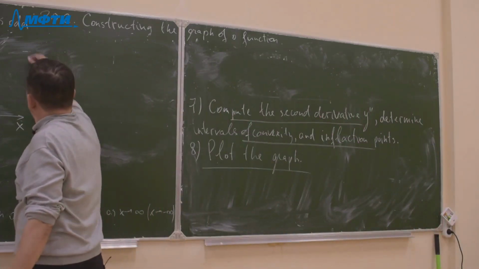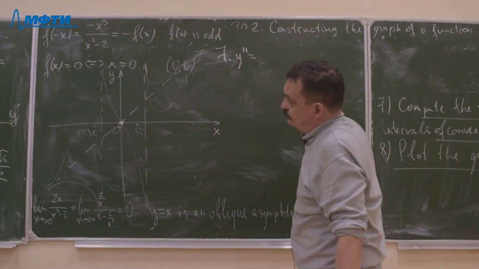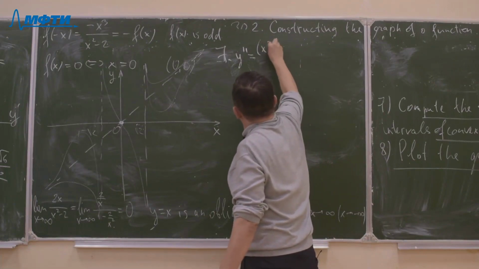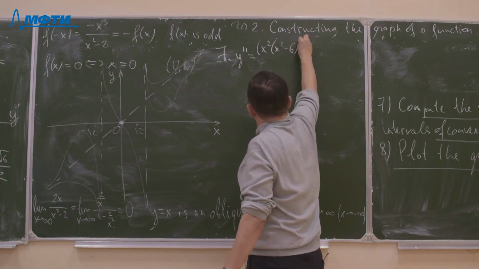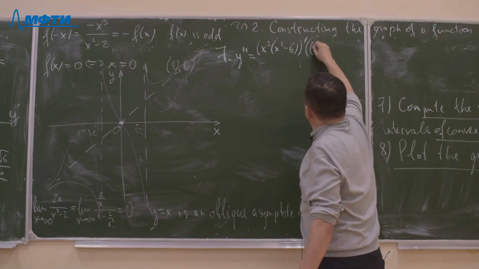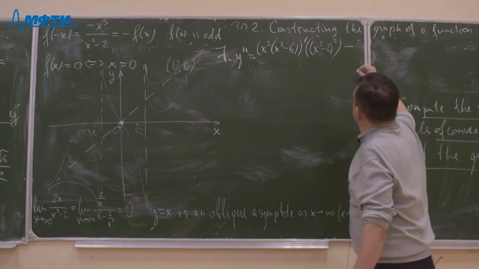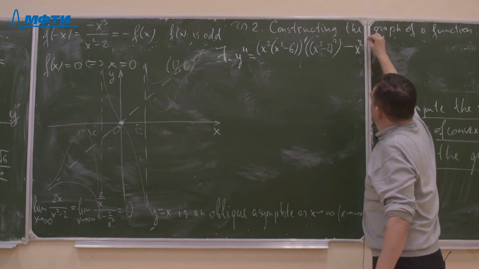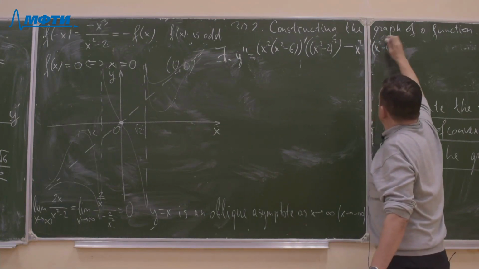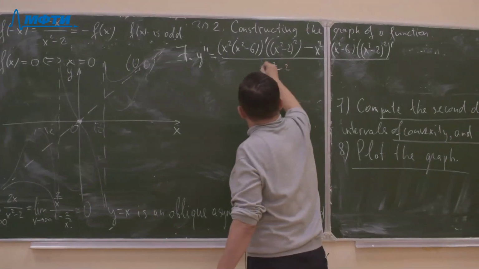So seventh step, y double prime, we compute the derivative of the first derivative: x squared times x squared minus 6, over x squared minus 2 squared, prime, over x squared minus 2 to the power 4.